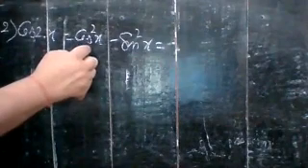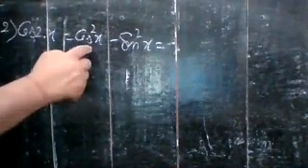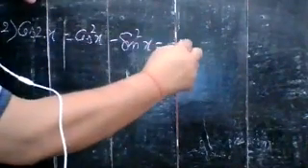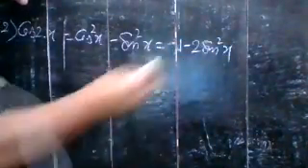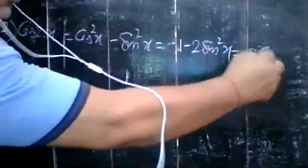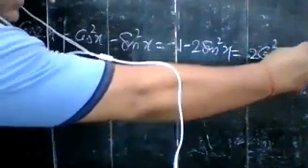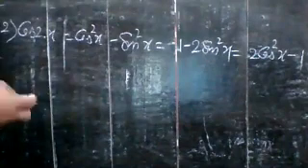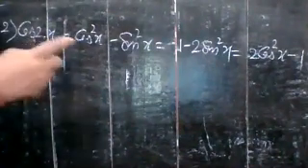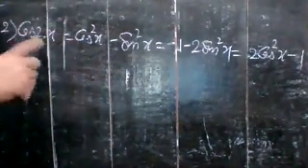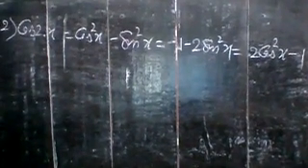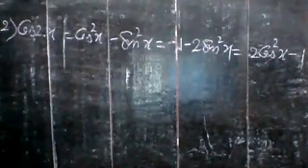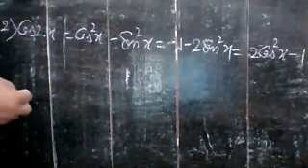If you convert it completely in terms of sine, it can also be equal to 1 minus 2 sin square x, and also equal to 2 cos square x minus 1. All these values are equal to cos 2x. Note it.